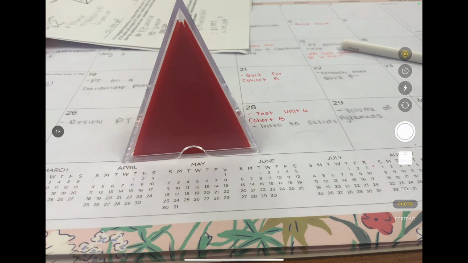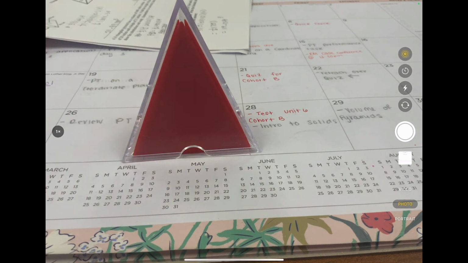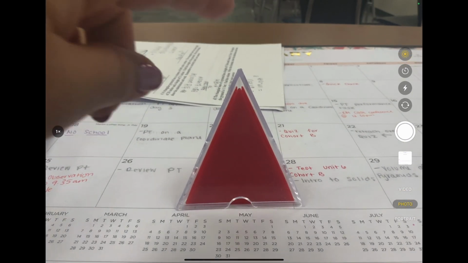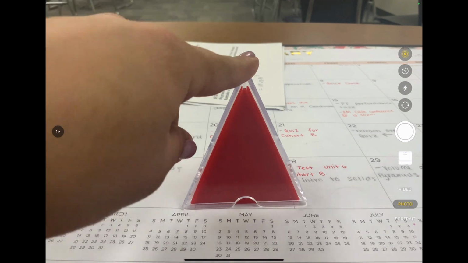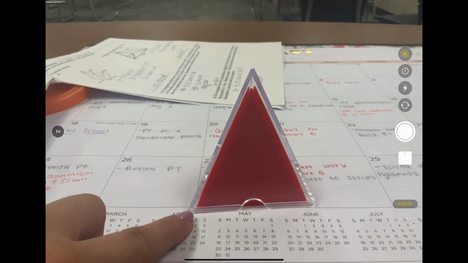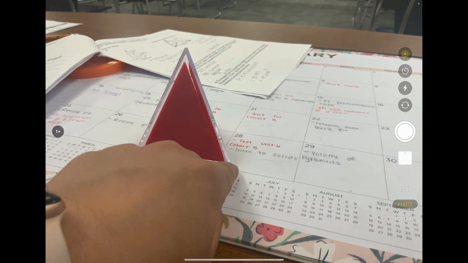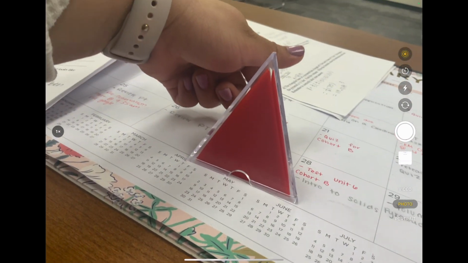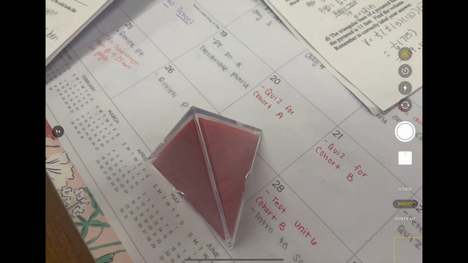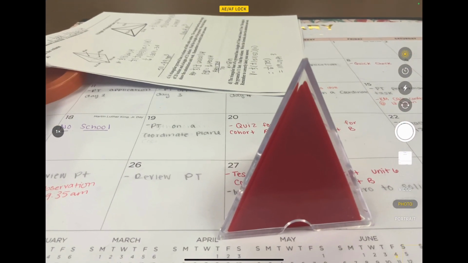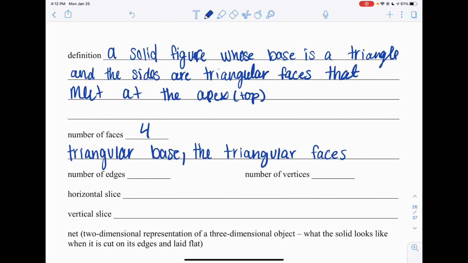Okay, so in total, I have a total of 6 edges, and if I'm looking at the number of vertices, I'm looking at the points. I have 1 at the apex right here, which is 1. Then on the sides at the bottom, I have 2. I have 3 right here, and then my final one in the back, which is 4. Okay, so it's the pointy parts. That's what I have. So I have 6 edges and 4 vertices.